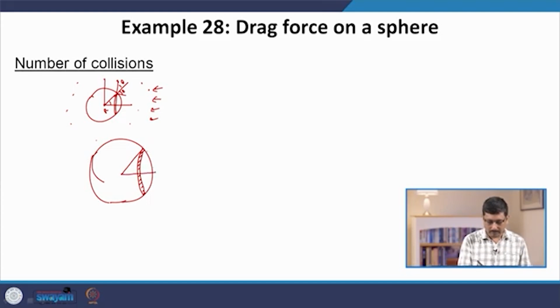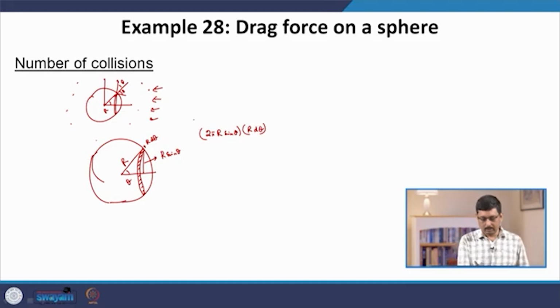So, how much is this area? So, it is kind of making a ring with radius r sin theta. So, we have a perimeter which is 2 pi r sin theta times the width which is r d theta. So, this is the area of the shaded region.